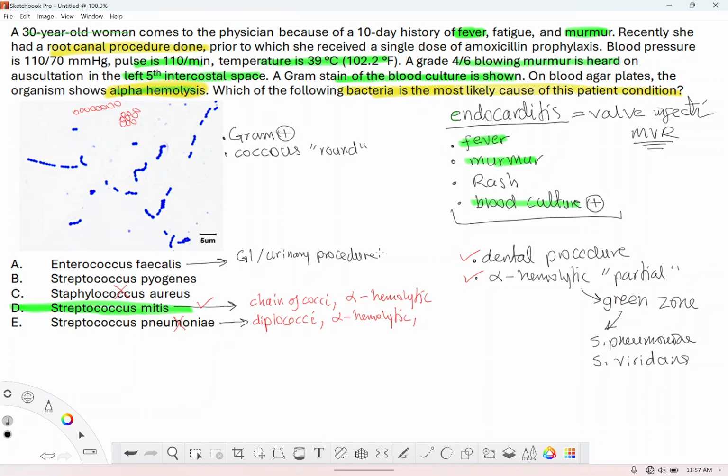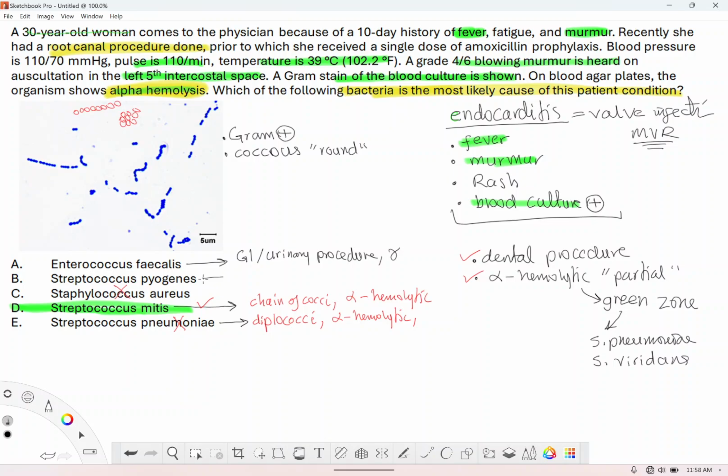So if a patient comes with colon cancer and they do a colonoscopy or another procedure where the intestine is disturbed, the normal flora of the intestine is disturbed, this can put you at risk of endocarditis. And enterococcus is gamma hemolytic. It's non-hemolytic. It's resistant to bile. It doesn't dissolve in bile, and it's resistant to salt. So that's how you can differentiate it from others.